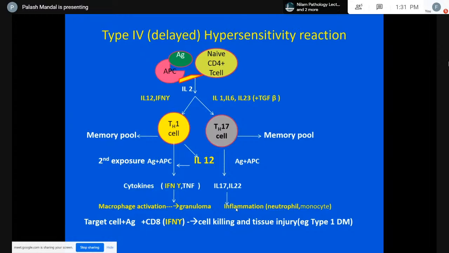So there is a difference. This type 4 hypersensitivity reaction through different channels leads to different types of reaction. In the first, that is through Th1 cell activation, there is granuloma formation, and through Th17 cell activation there is inflammation where neutrophils and monocytes are the predominant cells.